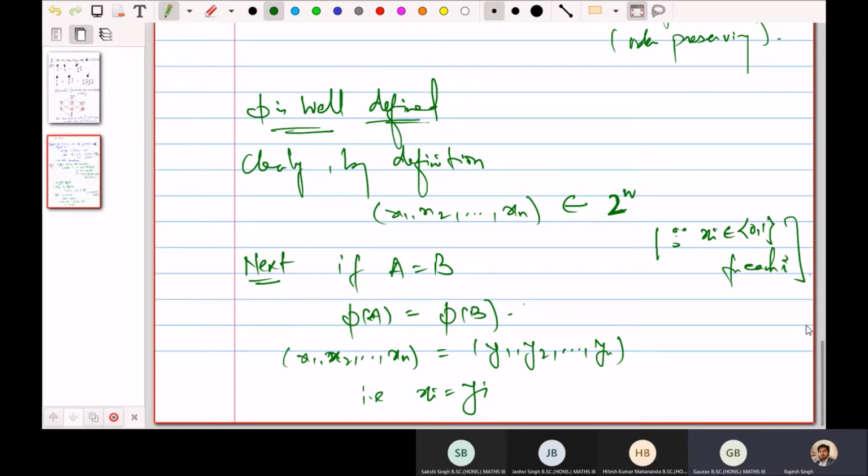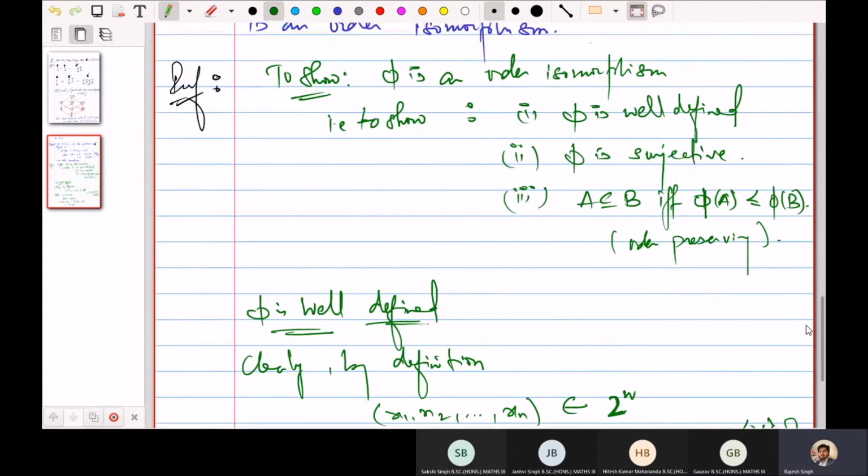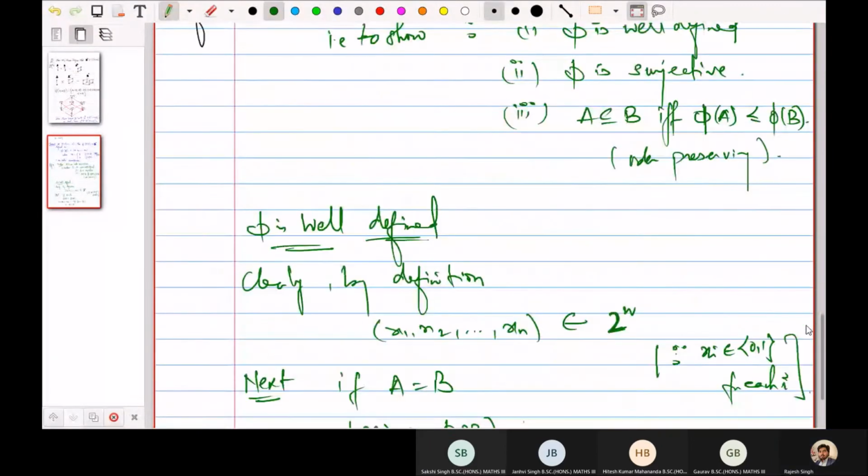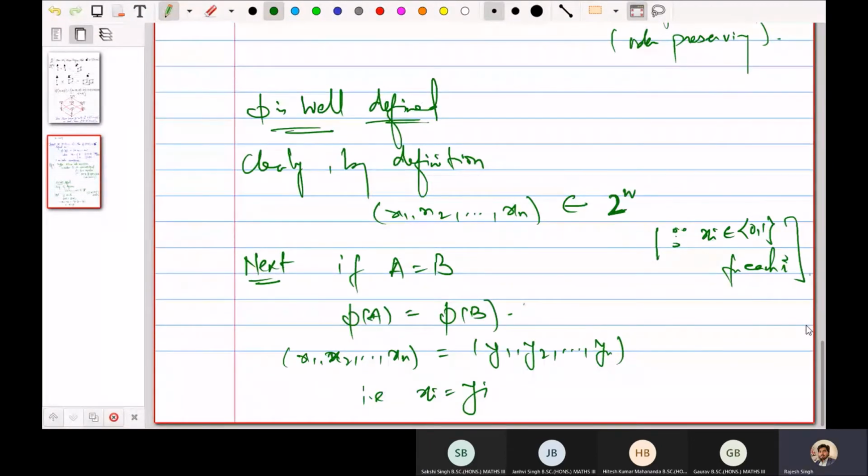How? I mean, explain it. What does xi equal to 1 mean? When will xi be 1? When I belongs to A, right? So if xi is equal to 1, then I belongs to A. Now A equal to B, so I belongs to B. Now I belongs to B means yi is equal to 1, right?